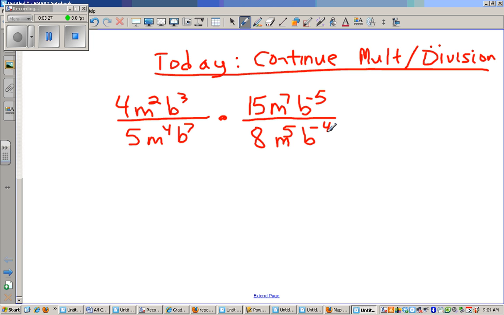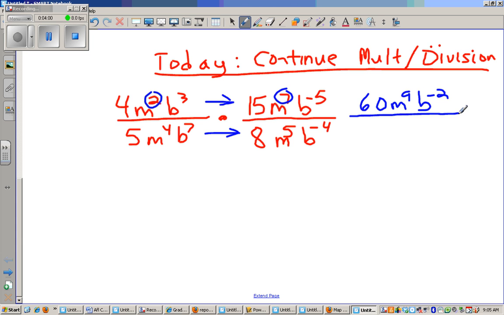So the idea here is that, again, we're reducing. I think what most people find easier to do, though, in this case, is to multiply the top times the top and the denominator times the denominator, get that result, and then reduce. So you can see that the top is 60, 4 times 15, m to the, add the exponents, 9, b, add the exponents, negative 2.